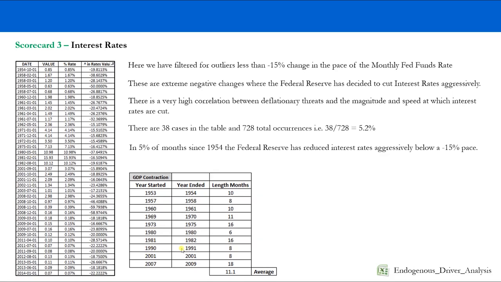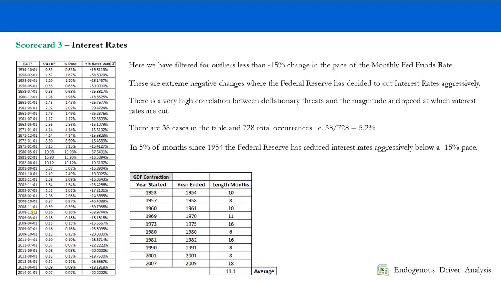In 1990, this is one of our anomalies, 1990-91, there weren't very aggressive cuts in response to this GDP contraction. In 2001, there certainly were, and we can see that in October and November in response to September 11th. And in 2007-2009, the last financial crisis, we can see very aggressive pace cuts coming in 08-09, and even aggressive pace cuts coming recently.